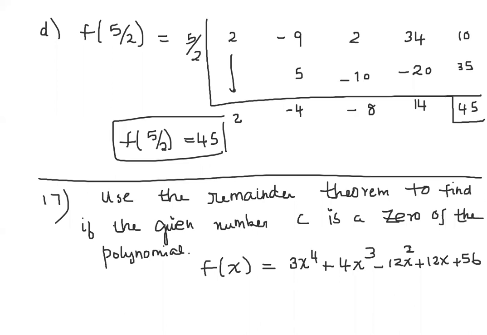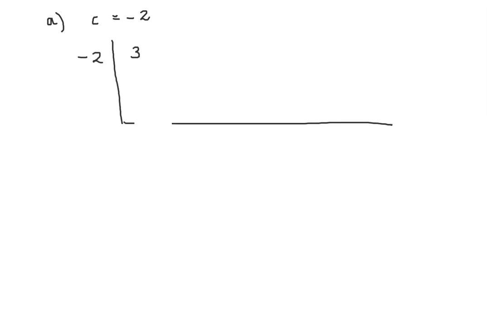Okay, so the first problem is c is negative 2. So we have to divide this by negative 2 and see if it is a 0. Make sure all the terms are in the polynomial.